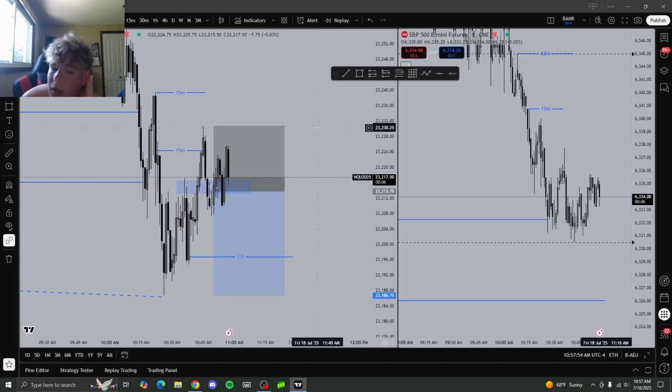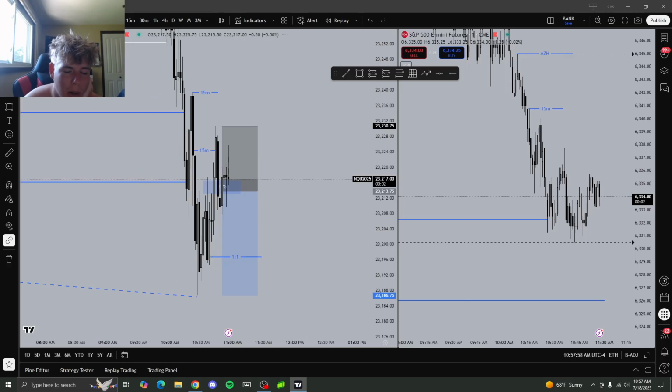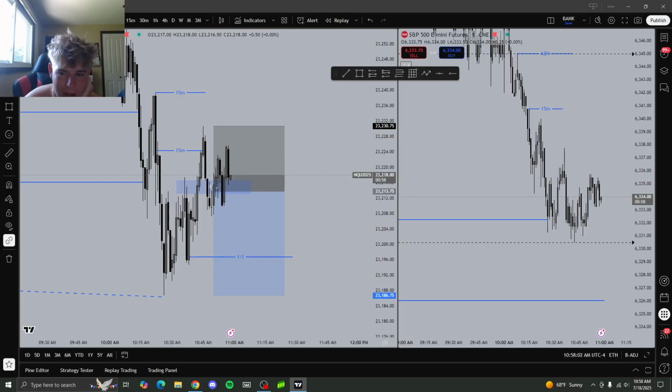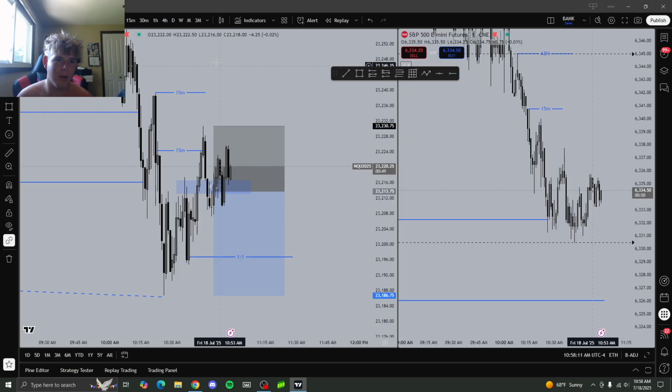We'll see if it wants to work. But I did purposely use low risk on this because, one, it's late, it's a Friday. Two, I want 11 not to mess me up. Every time the hourly candle gets me, bro.